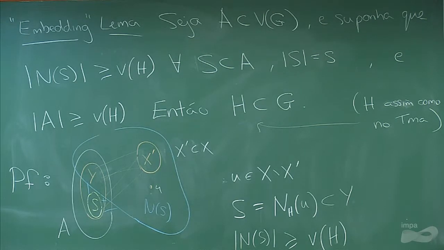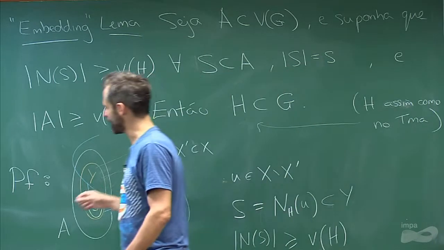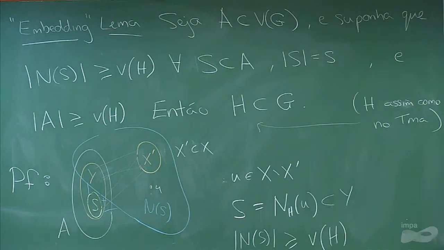Right. Okay, so now let's finish the proof using this embedding lemma. So tell me what A, R, S, and T are. A is the size of the vertices of H. Yep. Very good.